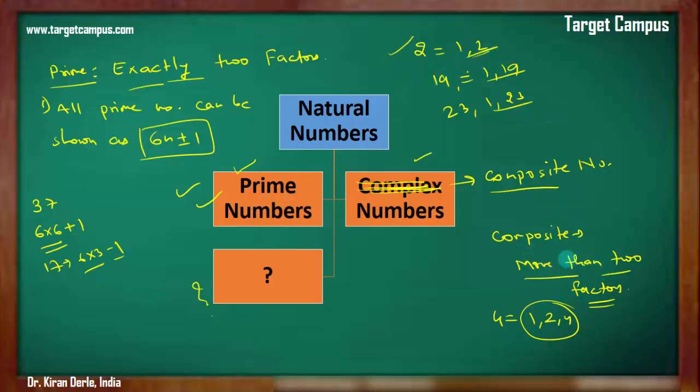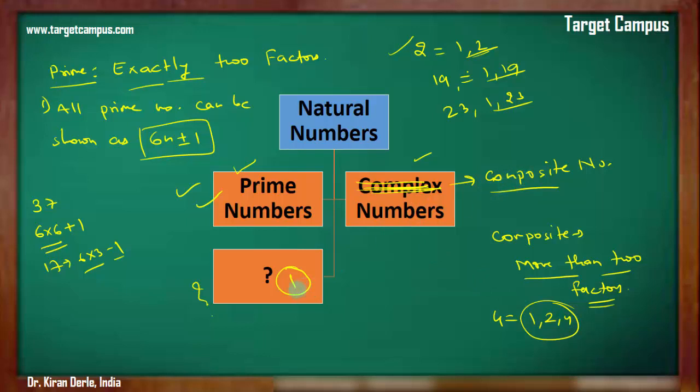Composite numbers have more than two factors. But one is such a number which does not have two factors, so it doesn't come under prime numbers. It doesn't have more than two factors either, so it doesn't come under composite numbers as well.